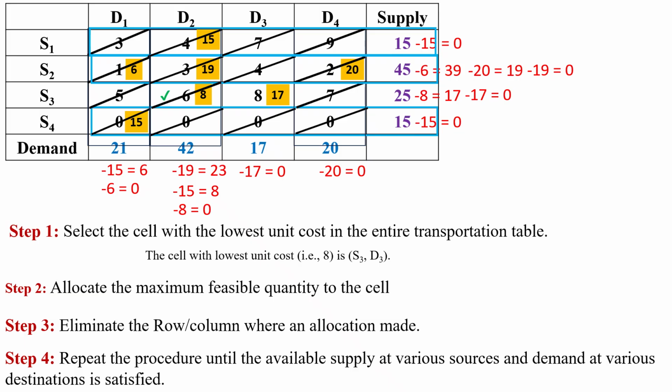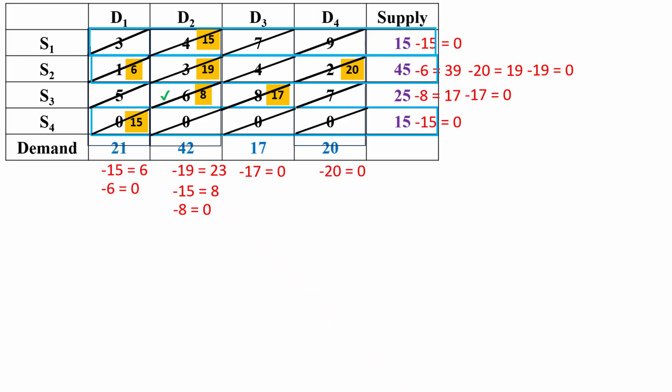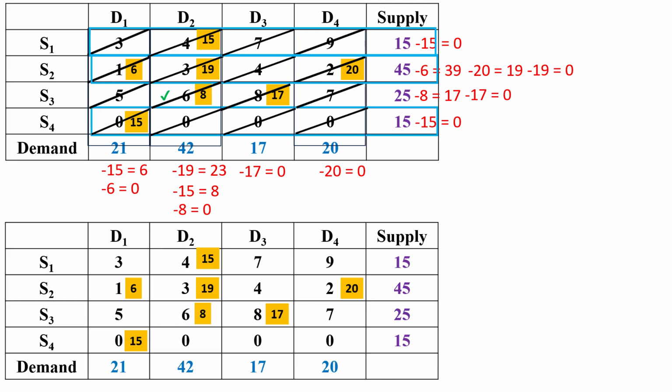Then we remove this one. So now the entire table is removed. Then once again I rewrite the given transportation problem along with the allocations. So this is the transportation problem along with the allocations.